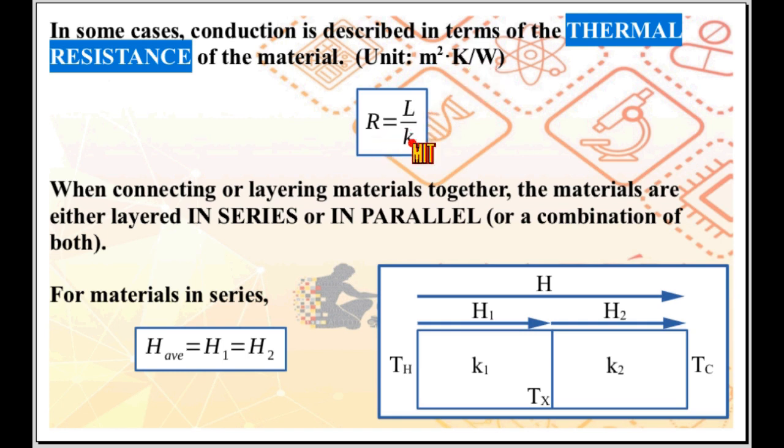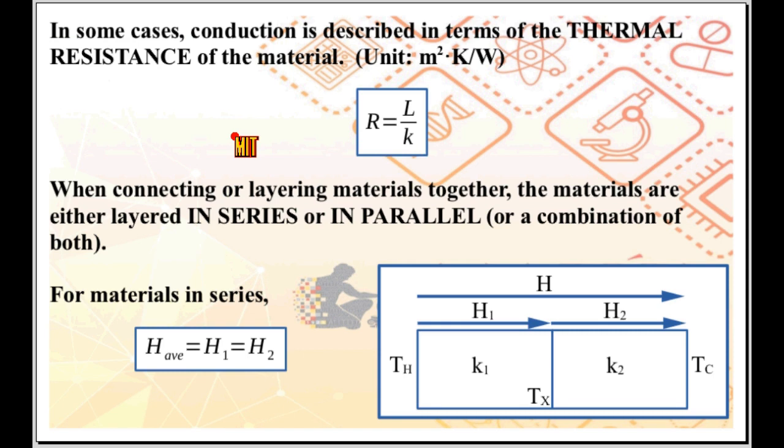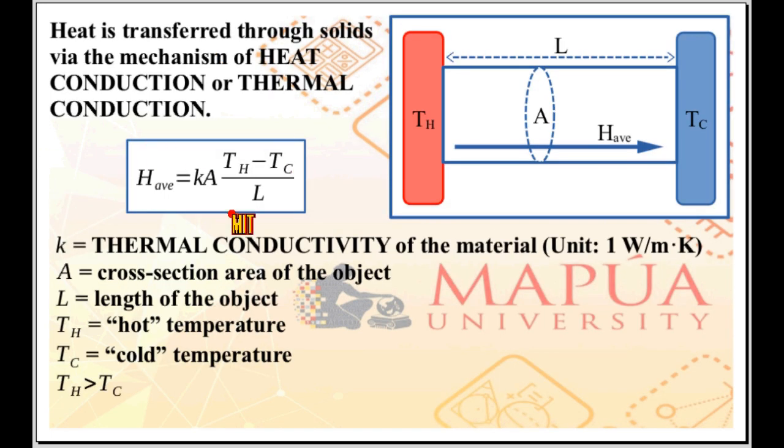R is equal to L over K. Be able to convert thermal resistance into conductivity if ever the problem gives you thermal resistance instead of thermal conductivity. Again, be able to convert R into K so that you'll be able to perform heat conduction analysis. H is equal to K A (TH minus TC) over L.